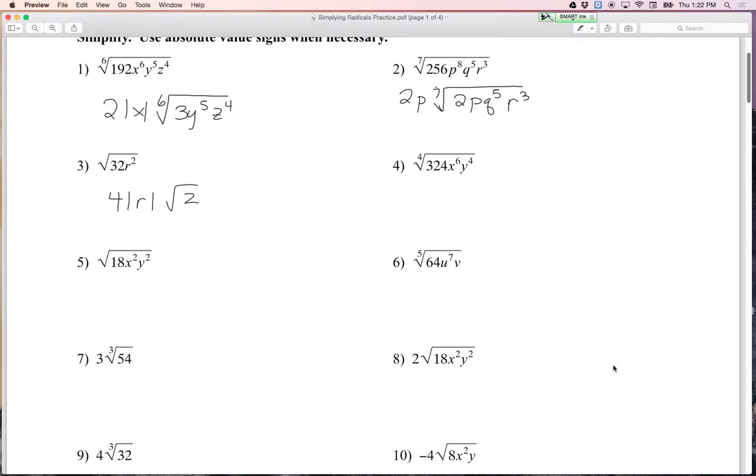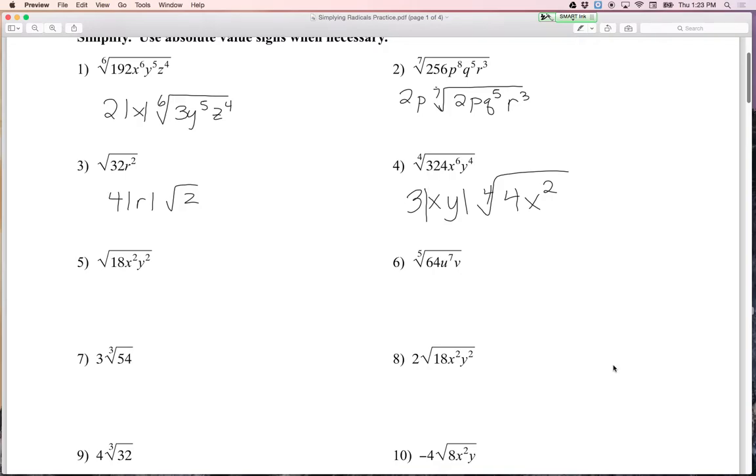What about the fourth root of 324? Fourth root of 324. Come on, talk to me. Do we need absolute values? Fourth root, what goes on the inside? Is it 4x? 4x squared. You guys agree? Okay, we good on that one?